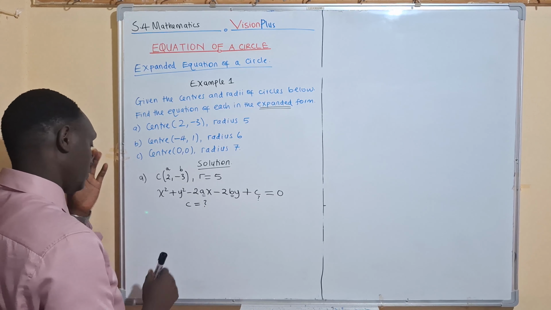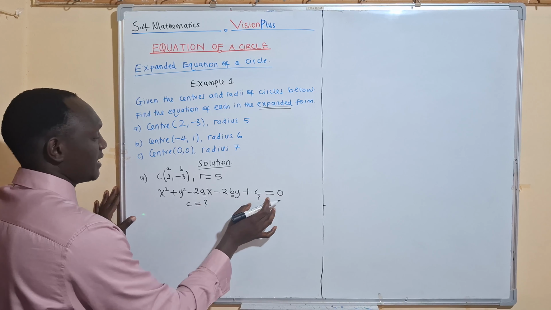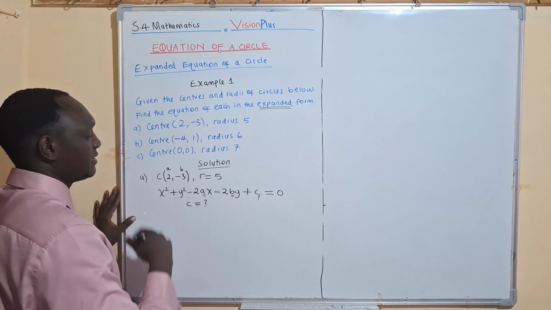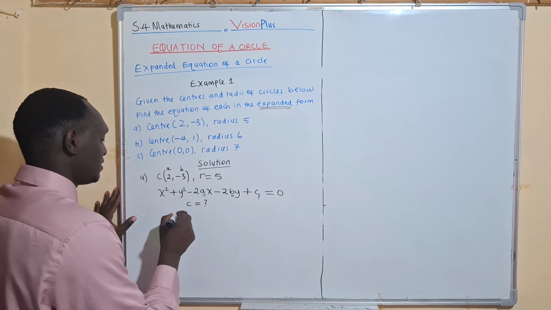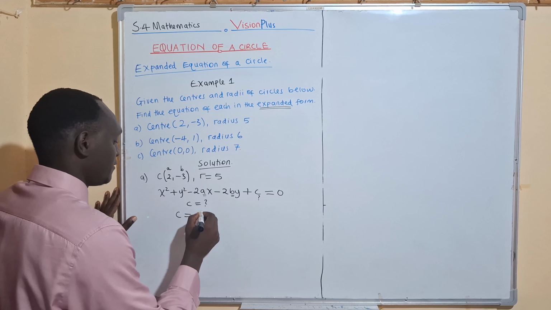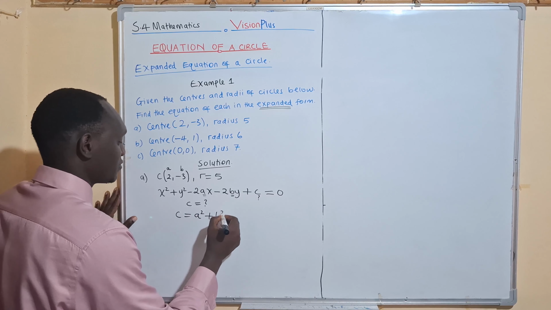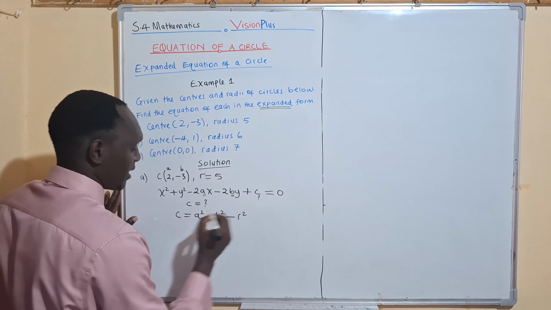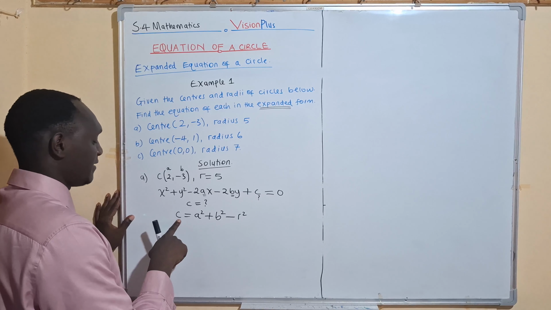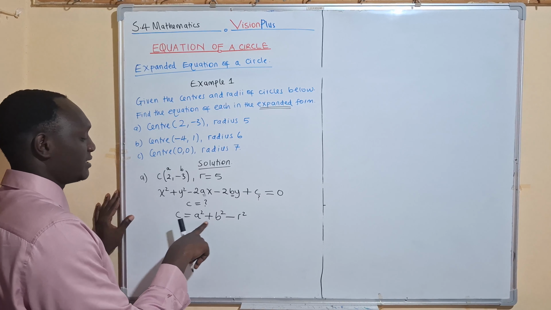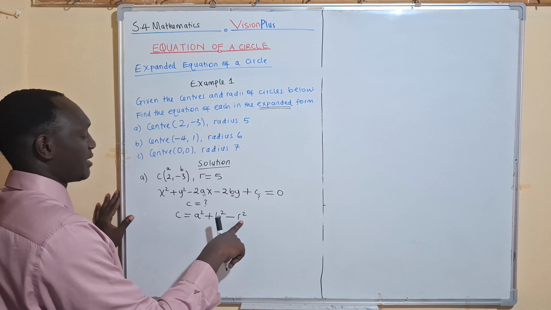What do we know? We know that c, remember we said it is the combined group of constants. So we say that c is given by a squared plus b squared minus r squared in the previous class. So for us to find c, we simply need to substitute for a, substitute for b, and substitute for r, which are here.